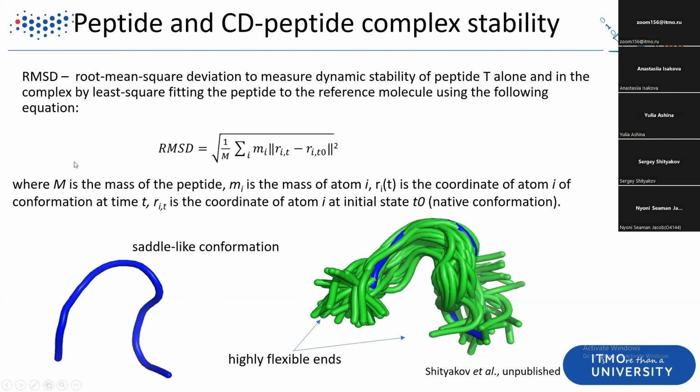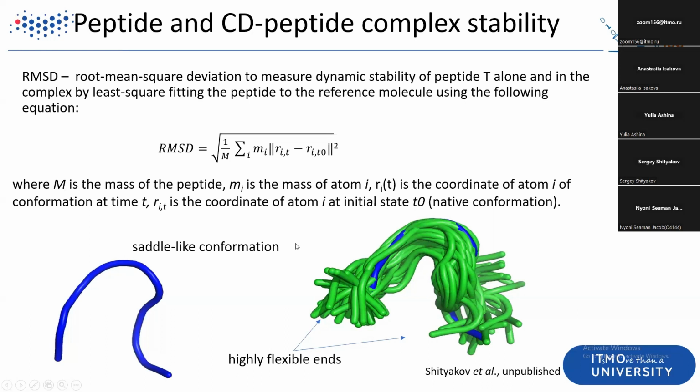So this is the equation where m is the mass of the peptide, and mi is the mass of the atom, and ri(t) is the coordinate of atom i of the conformation at a particular time, and ri(t0) is the coordinate of atom i at the initial state t0, the native conformation.